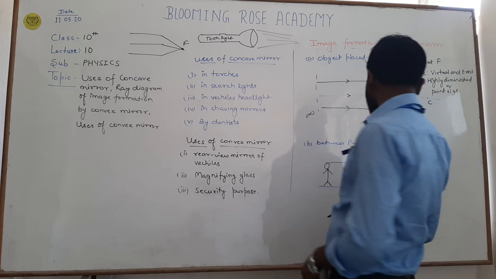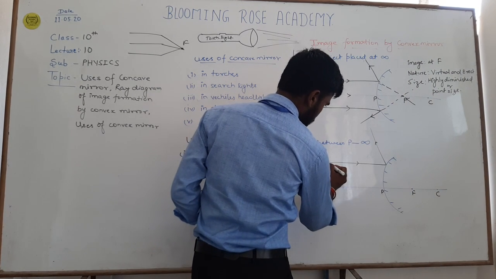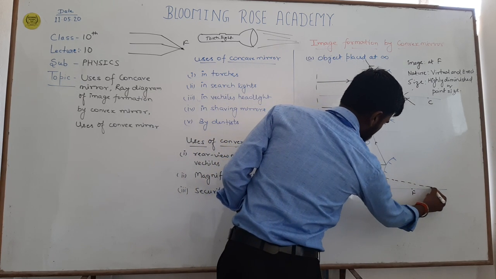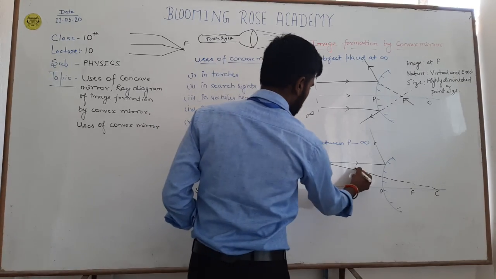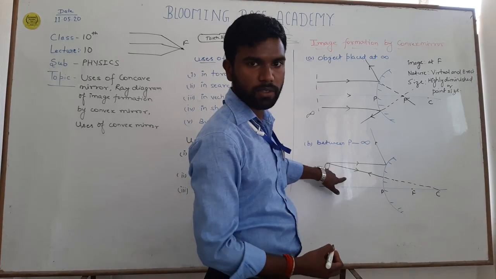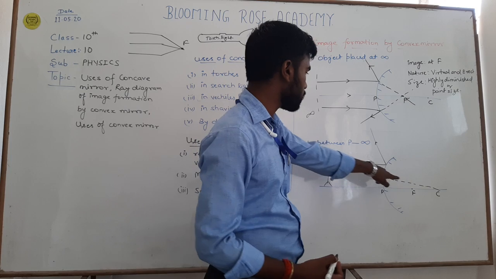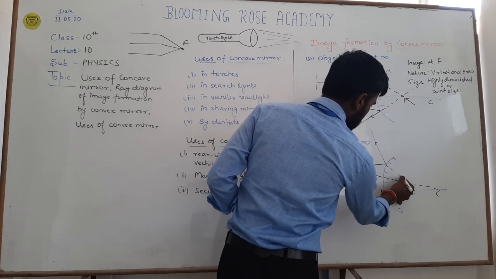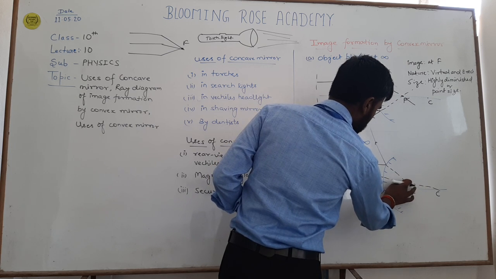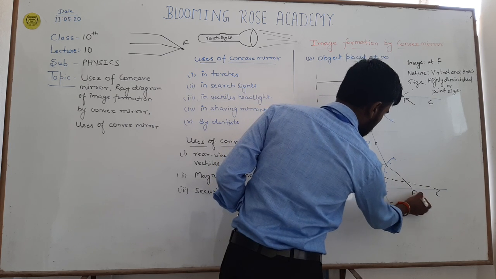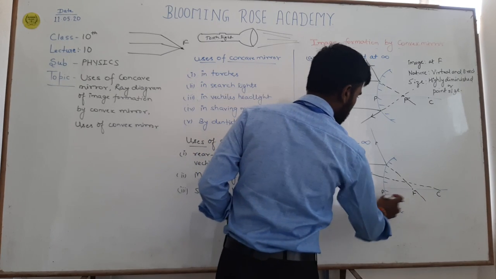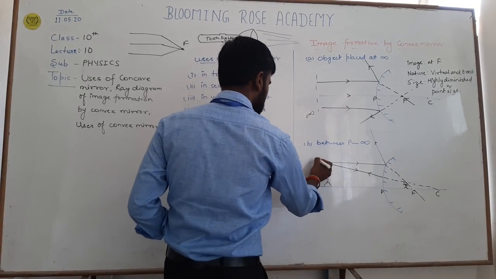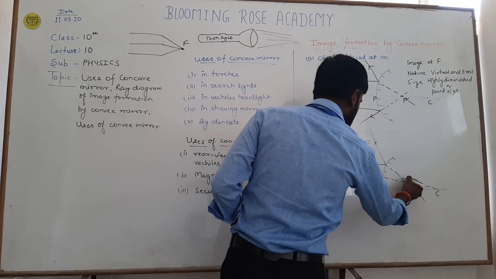Now the second ray is coming from here, and it seems to go through the center of curvature and comes back along the same straight line, as rays going through the center of curvature come back along the same line. When we extend this ray this way, we see here that it meets between P and F. So here you can see the image of the object, AB and A dash B dash.